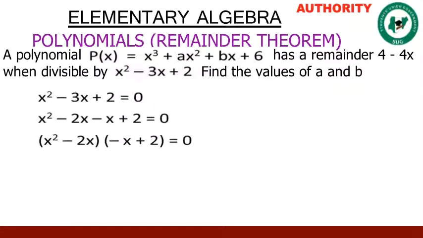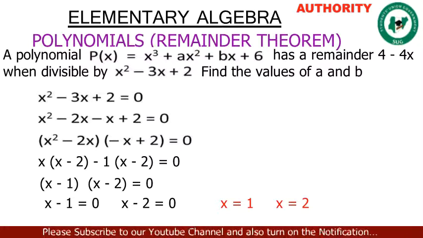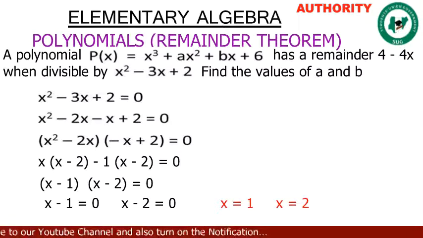From here let's factor out. In x squared minus 2x, what do they have in common? You can see clearly that x is common. Let's factor out x: from x squared we have x remaining, and from minus 2x we have minus 2 remaining, so that x times x gives x squared, and x times minus 2 gives minus 2x.